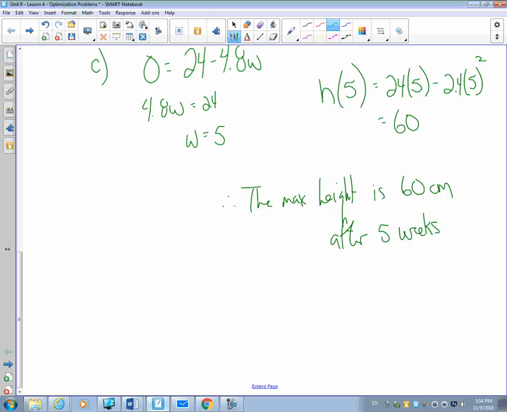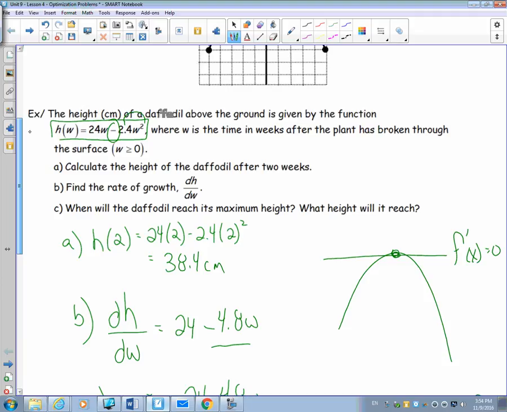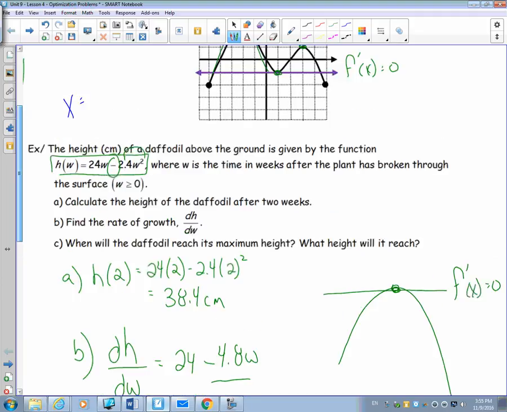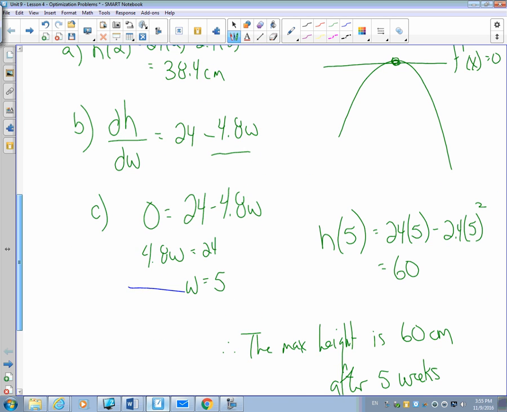And just to point out to you, this is a quadratic, and you can actually use some of the same ideas as quadratics to solve this problem. You might recall axis of symmetry and vertex. X equals negative b over 2a. Here's your b, here's your a. You'd end up with negative 24 over 2 times negative 2.4, which comes out to 5. Hey, that's the same answer we get when we do this.